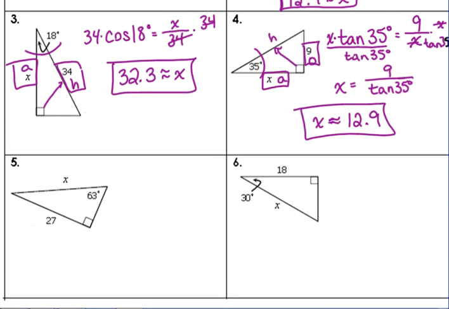Okay, let's do 2 more like that. Number 5. Right angle points to the hypotenuse. Draw your curve, so that's the adjacent. So 27 is opposite. X is the hypotenuse, so opposite and hypotenuse is sine. Sine of the angle is equal to the opposite over the hypotenuse.